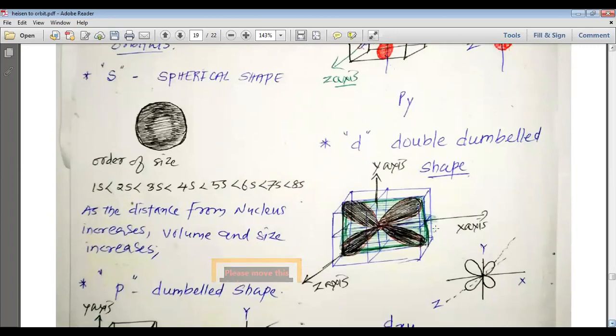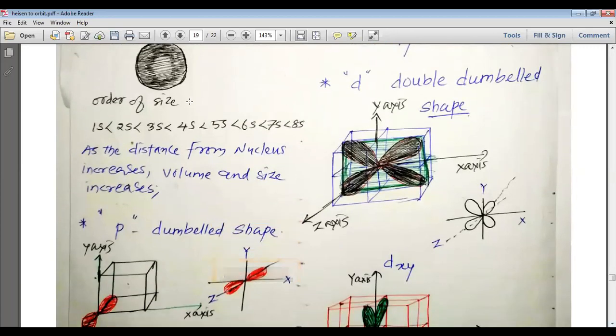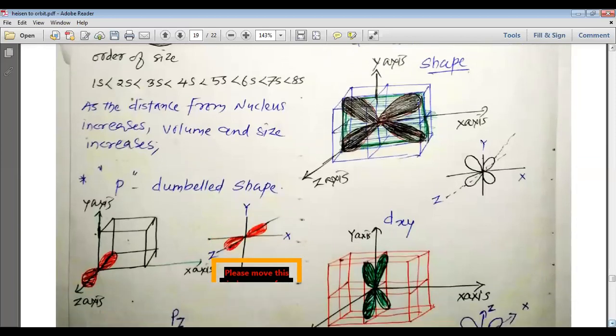So this is how the orbitals have been arranged in the increasing order of their size. As the principal quantum number increases, the orbitals increase in size. As the distance from the nucleus increases, volume and size increase. So this is how we can arrange them in the increasing order of their sizes.